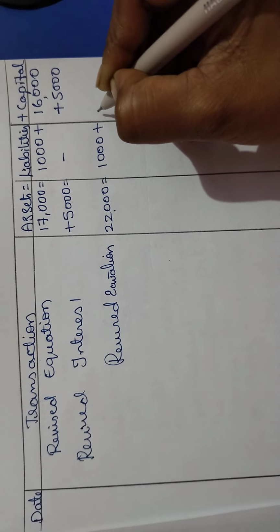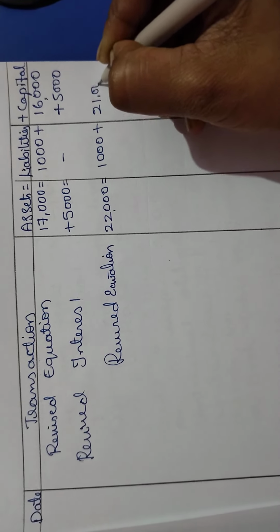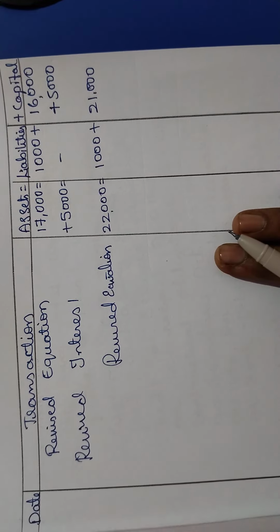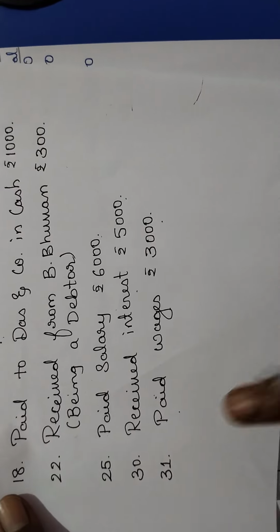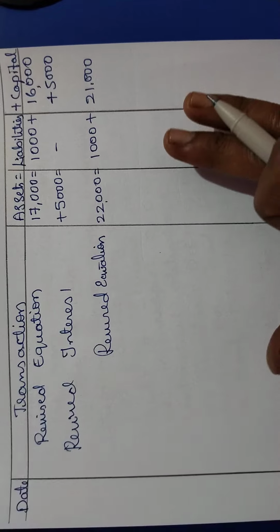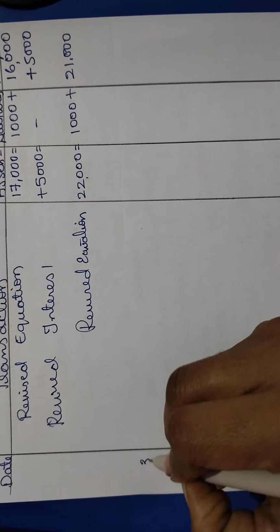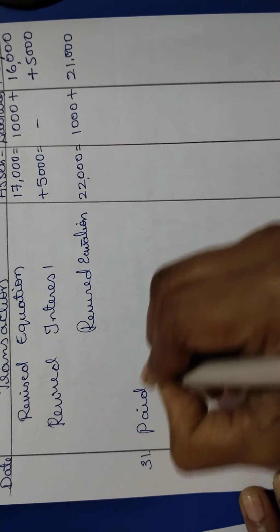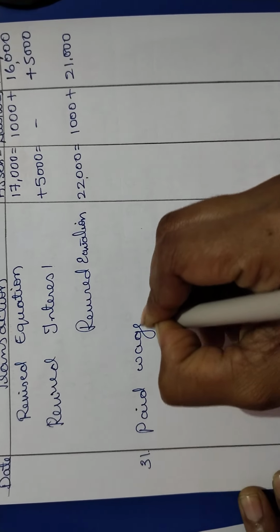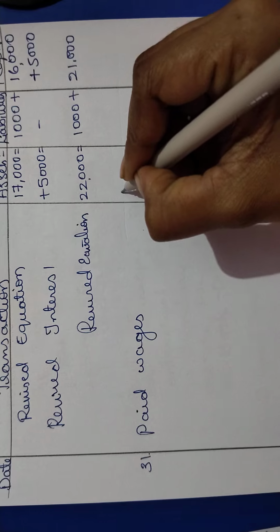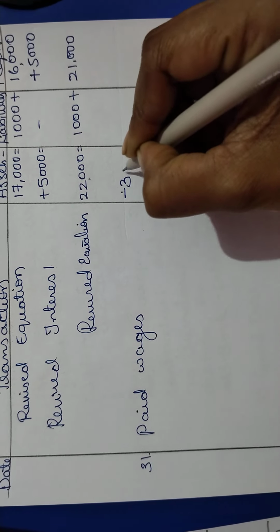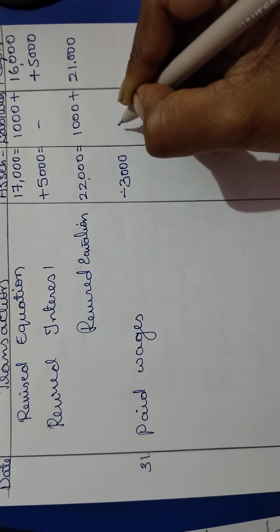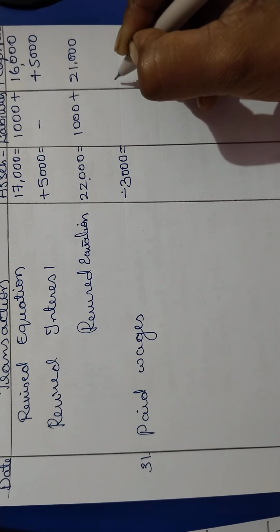Plus 21,000. And the last transaction is paid wages on 31st Jan. Paid wages 3,000. It is reducing your cash, also affecting your capital.